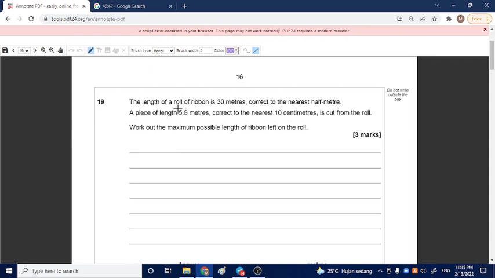The length of a roll of ribbon is 30 meters, corrected to the nearest half meter. The piece is correct to the nearest 0.1 meters.